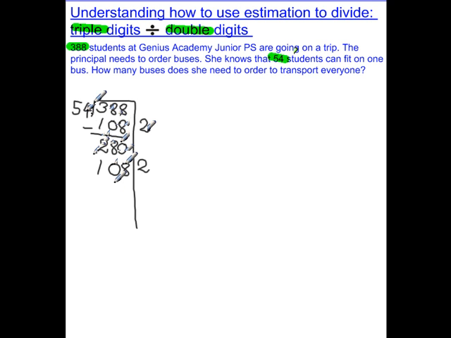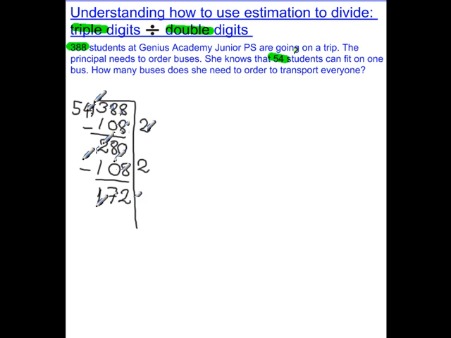I've given them away, so once again I must subtract. 280 minus 108 is 172.